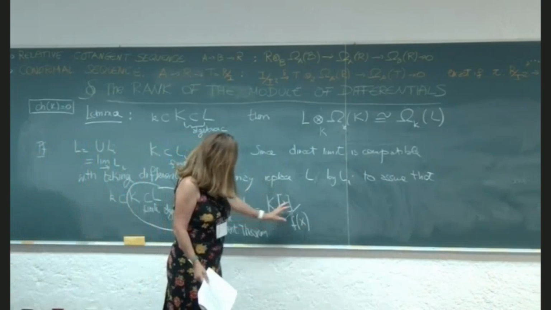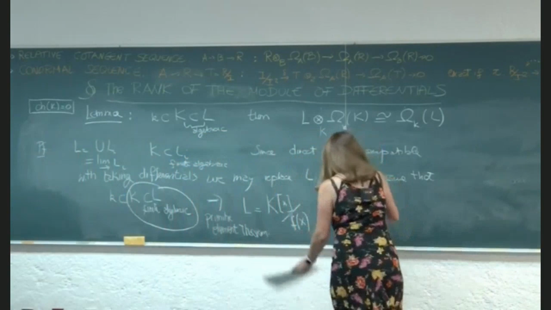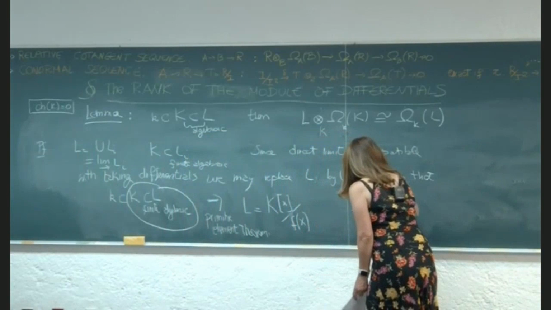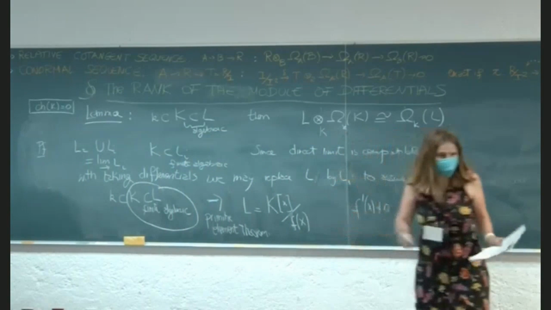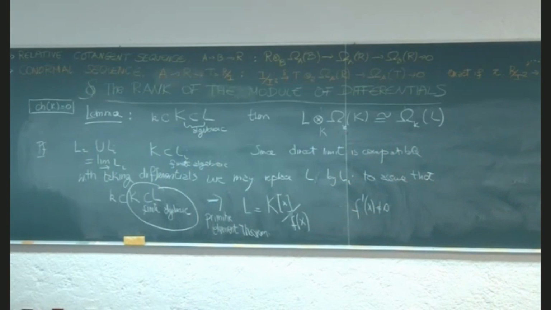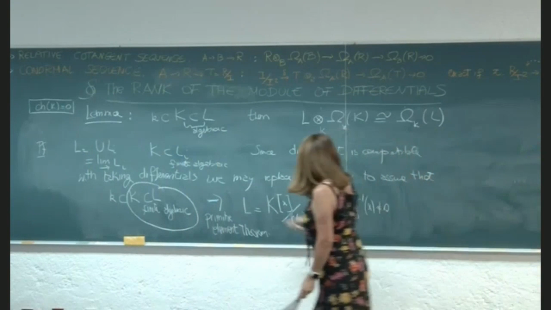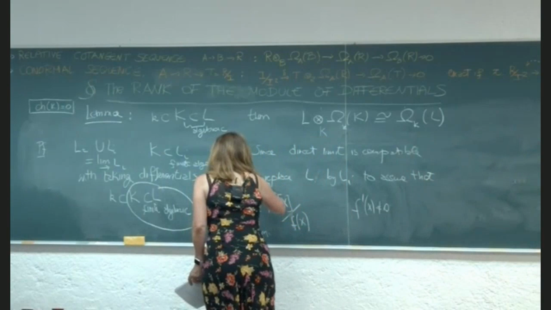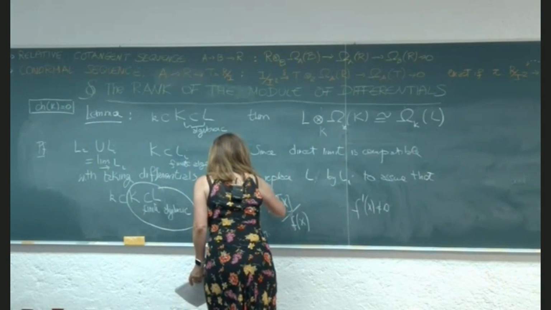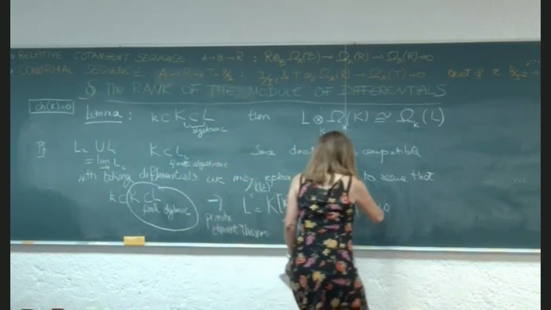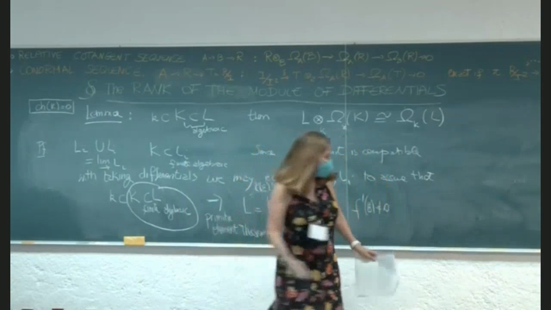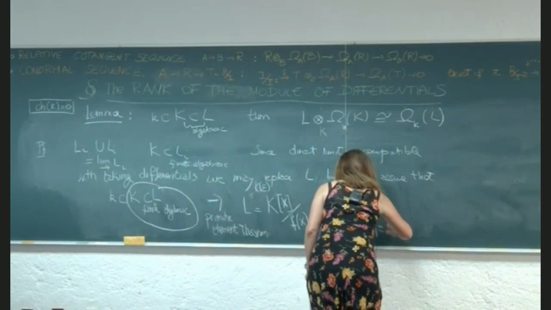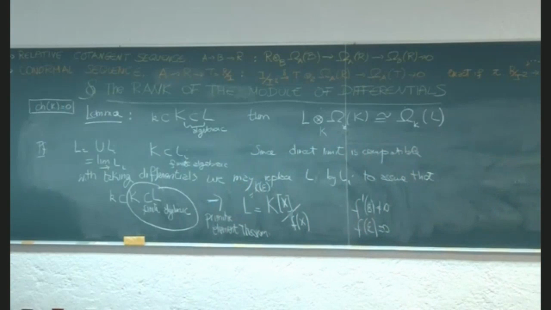So you can write it this way. Why can I? Not only because it's separable, the first derivative is not 0. That's also important. Let's call the generator epsilon. F of epsilon is 0, but f prime of epsilon is different from 0. So far so good. This is just the primitive element theorem.